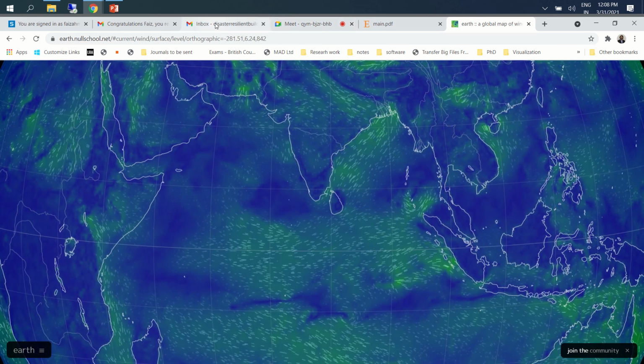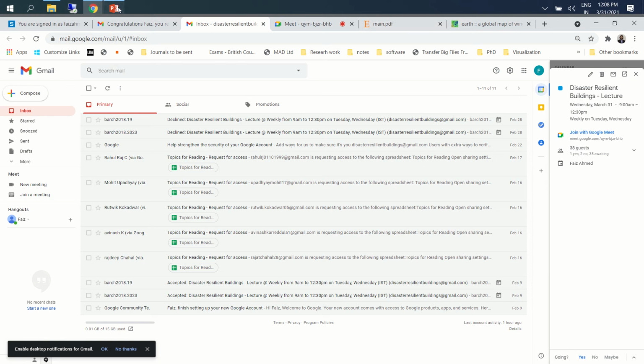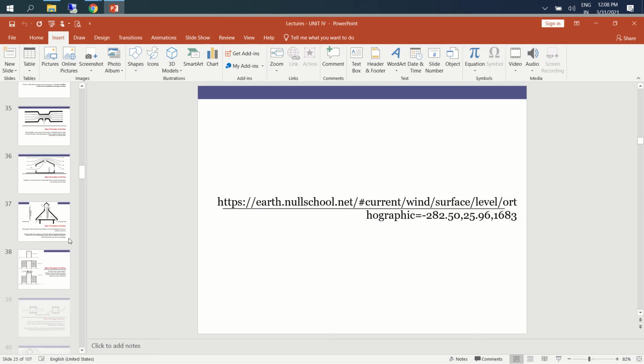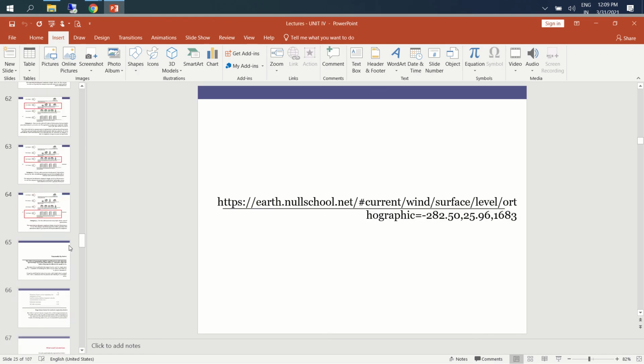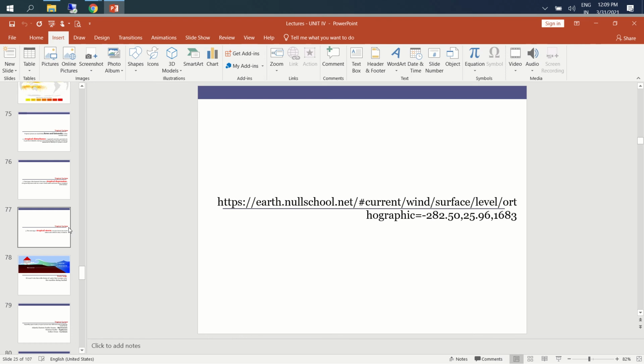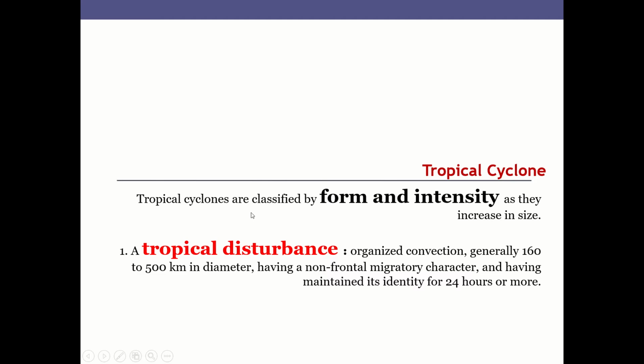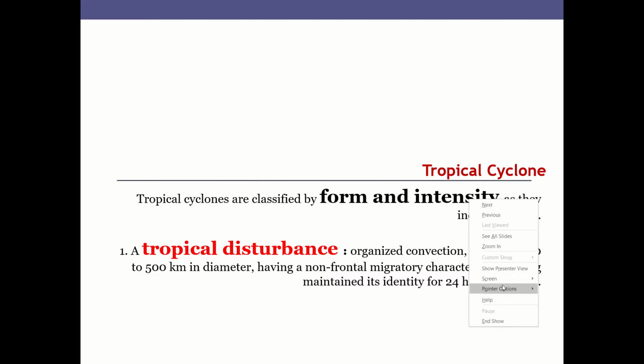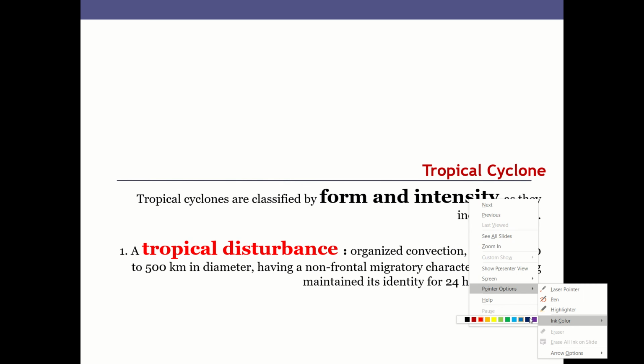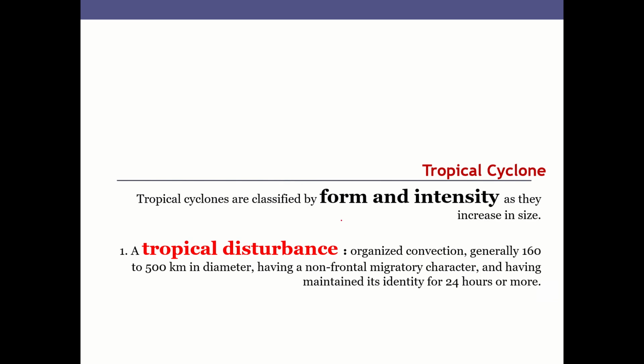So if you see this, the first is called the tropical disturbance.